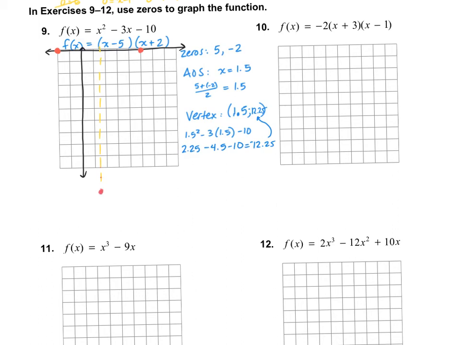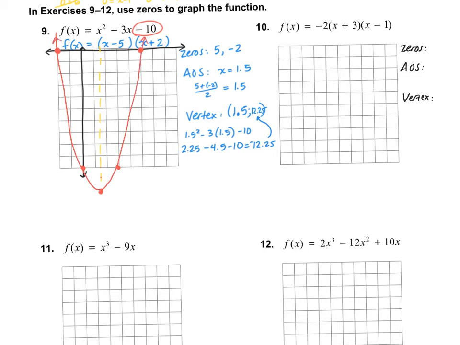So there we have it. And I also know my y-intercept because this is originally written to me in standard form. So I know my y-intercept is negative 10, so I can go ahead and put that in as well. Okay, now I'm ready to go ahead and draw my graph, and we'll call that done.